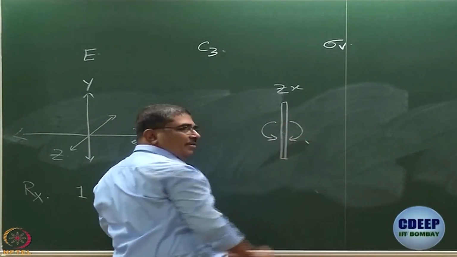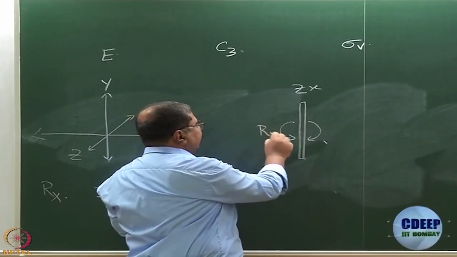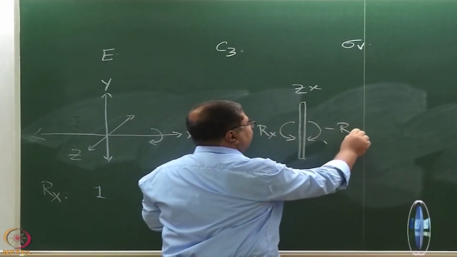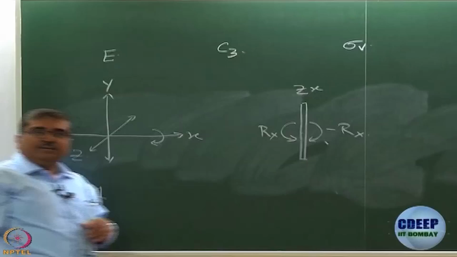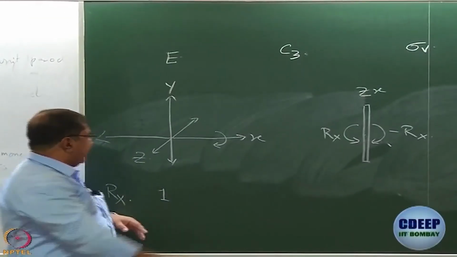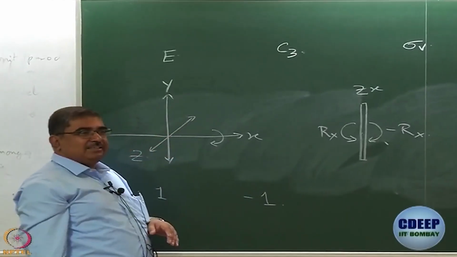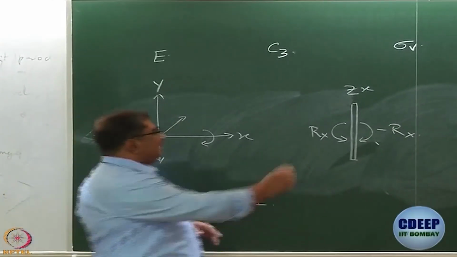If this is Rx, this of course is minus Rx. Are we clear? So, for sigma v the character is minus 1. What about sigma v dashed? What is sigma v dashed, remember? It is this plane.